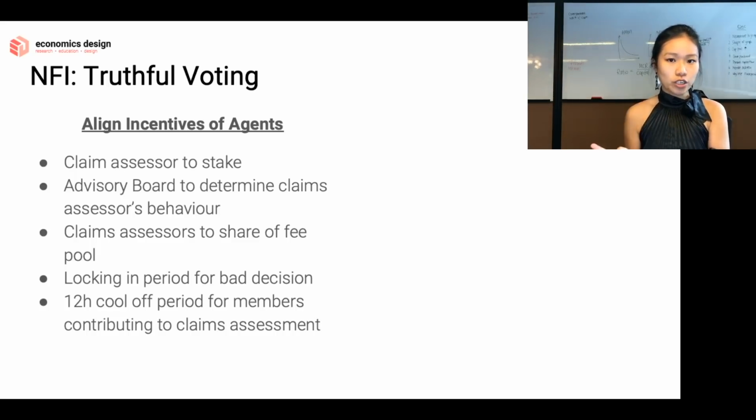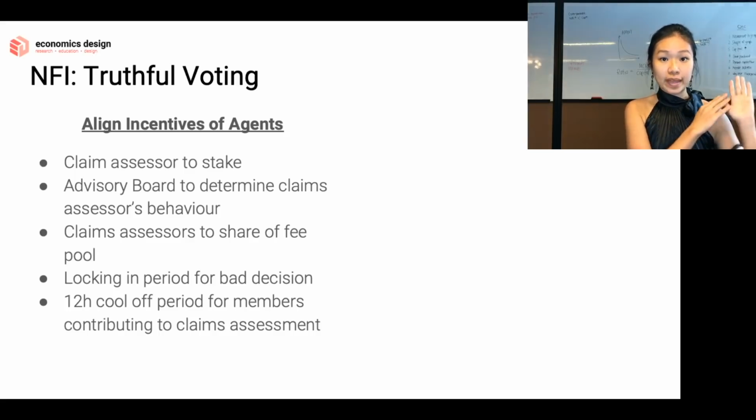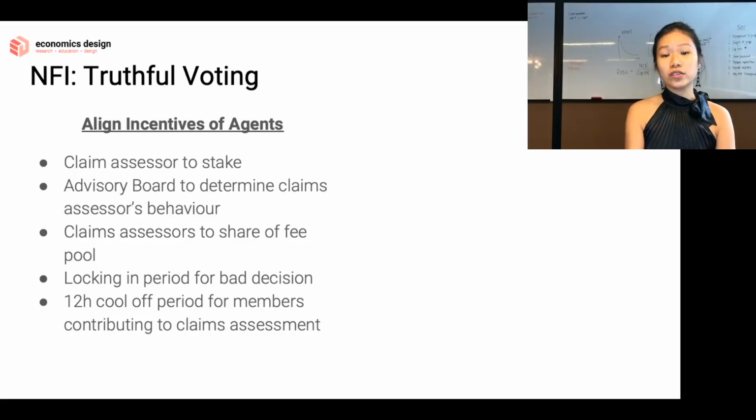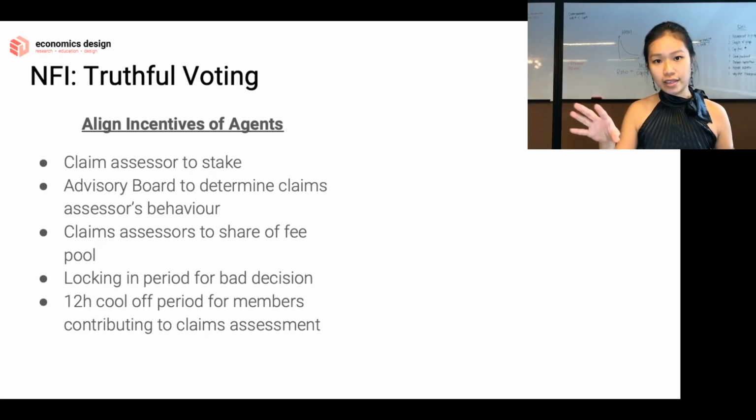And we talked about this previously in the last episode about principal-agent misalignment or incentive misalignment, and maybe in Nexus Mutual, that can be resolved with tokens. So using tokens as a way to incentivize behaviors so that we can align incentives for the principal and agent. So the principal and agent will be the risk assessors and the members who bought the covers.